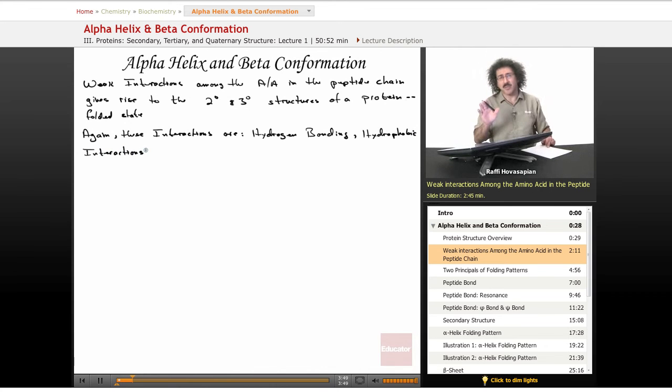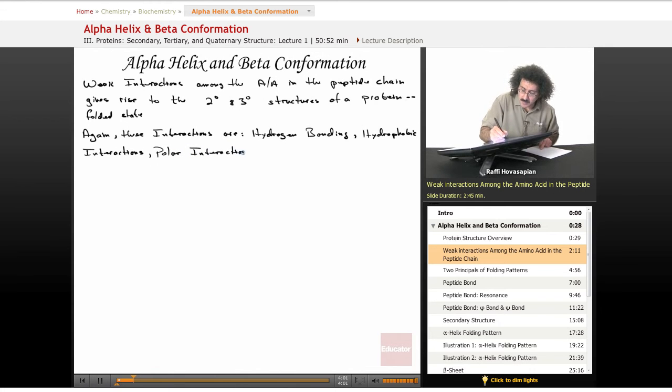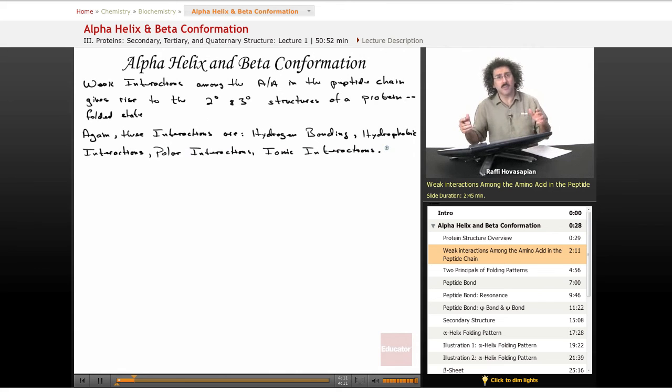Hydrogen bonding is probably the most important, but I wouldn't necessarily rank the others, because they all participate. Those account for the weak forces, the weak interactions.